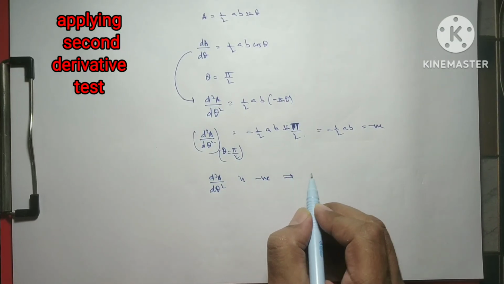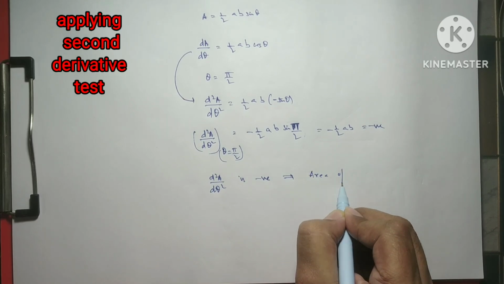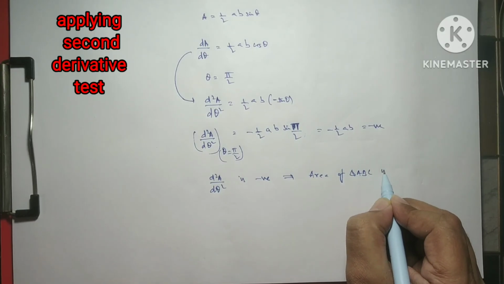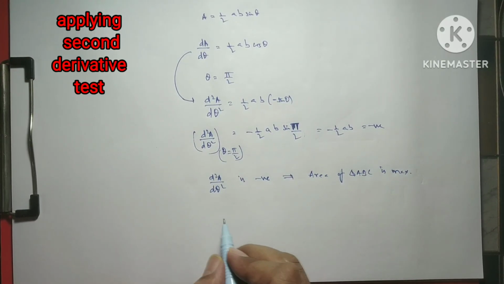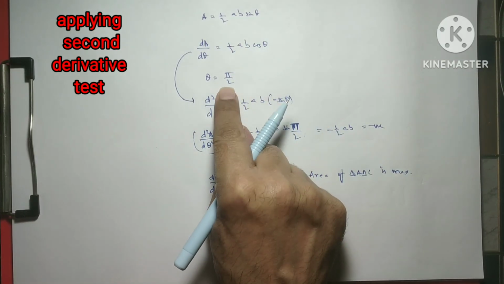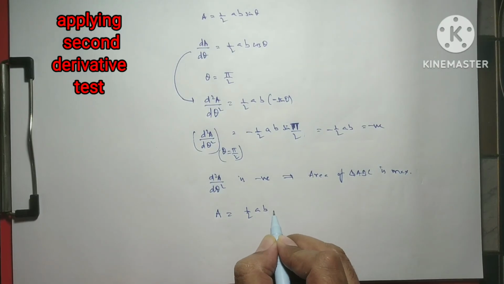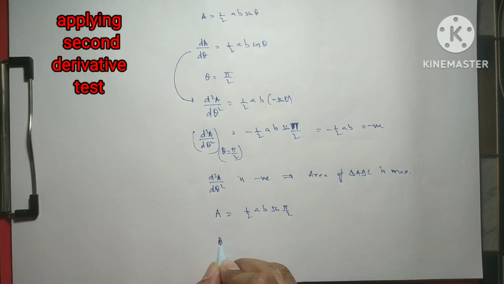This indicates the area of the triangle is maximum. And what will be the area? The area expression is this, and we have the value of theta. So we put this, half AB sin pi by 2. So A is half AB.